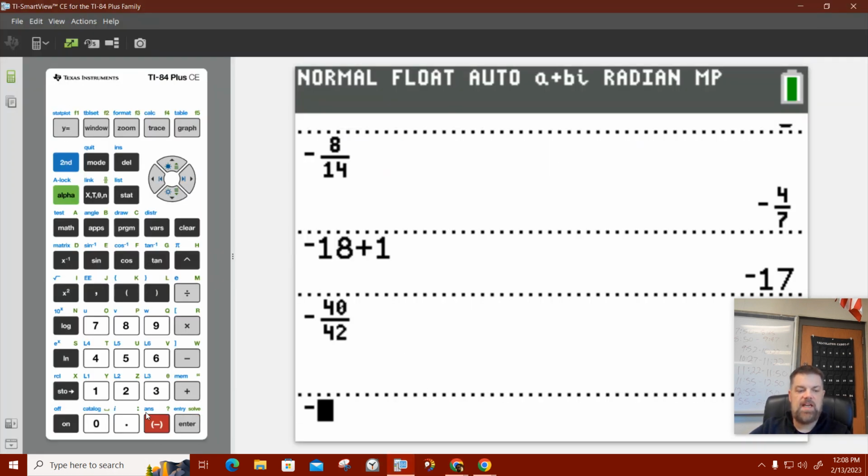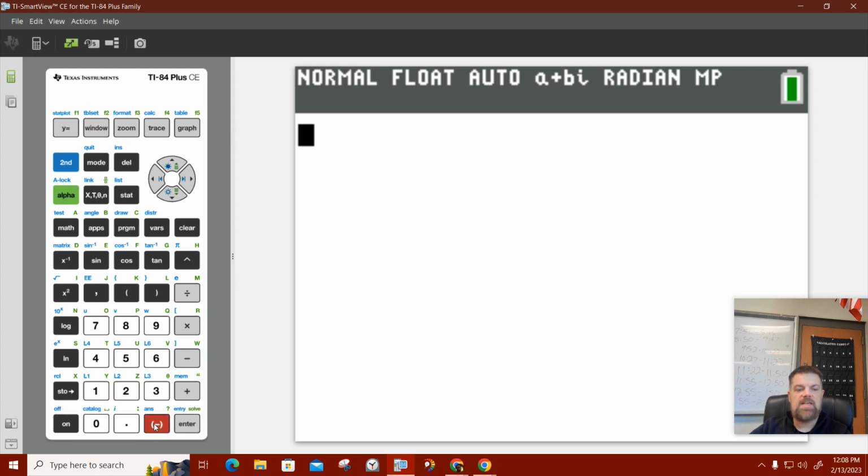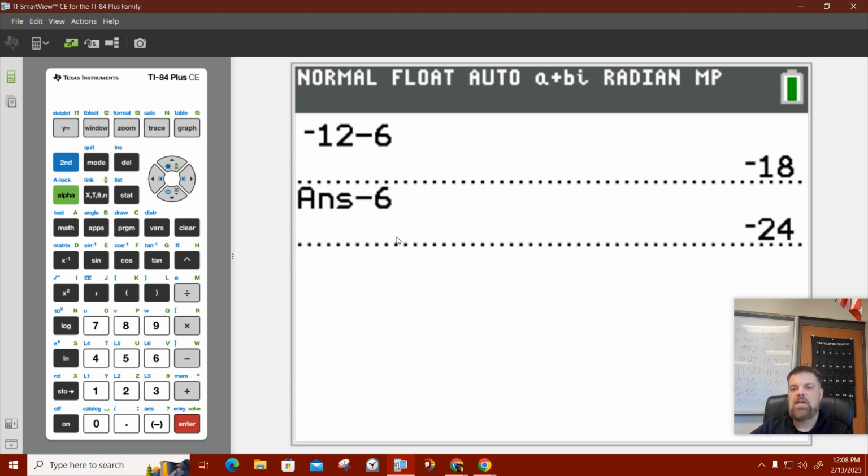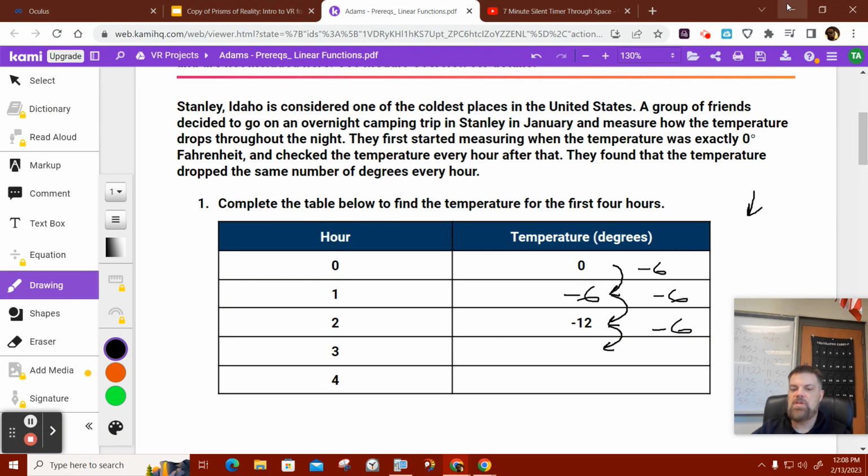I'm going to take negative 12, and then minus 6. Very good. That's negative 18. And let's do it one more time for the fun of it. So the next two numbers are negative 18, and then we subtract 6 again, and we get negative 24.